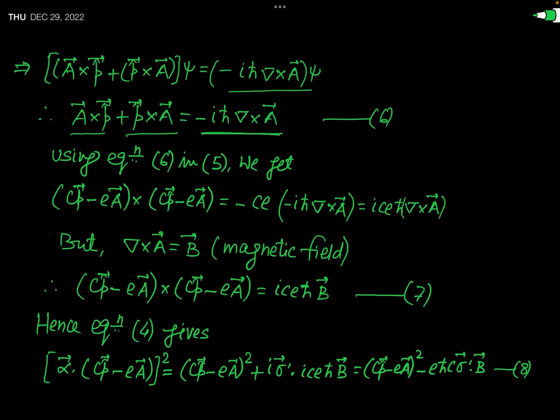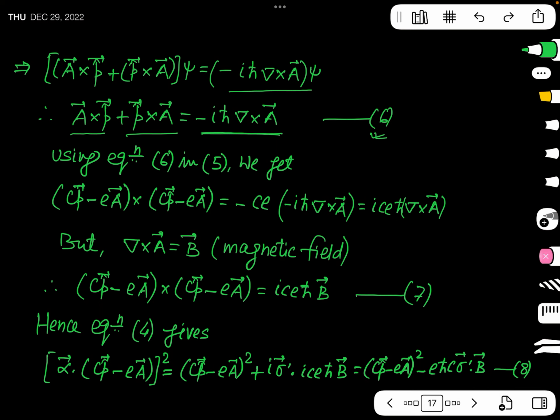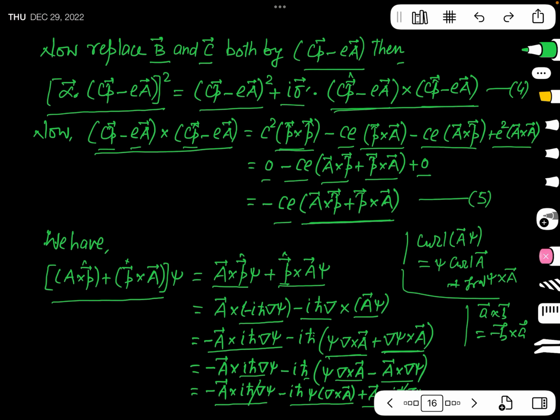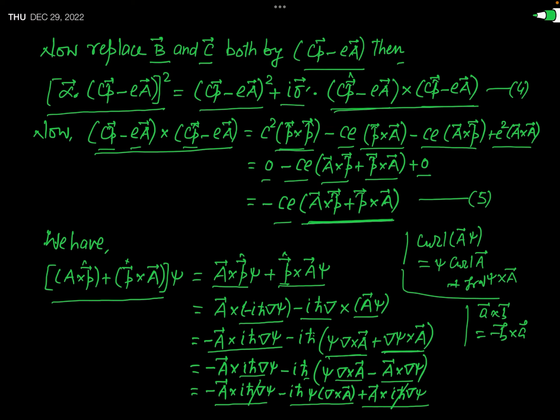Okay. Now we will make use of this expression which I have obtained in equation 6 in equation 5. So let us see what is your equation 5. This is your equation 5, and you can see in the RHS there is A cross P plus P cross A, and you have obtained the value of A cross P plus P cross A. So we will set that value in the RHS of this equation 5 after multiplication by minus Ce.